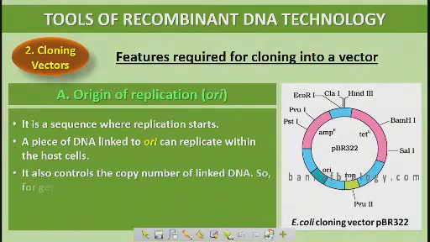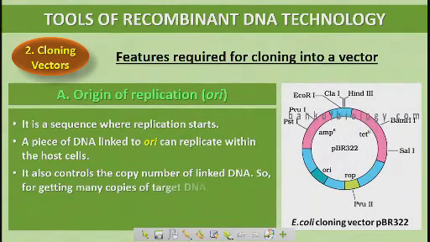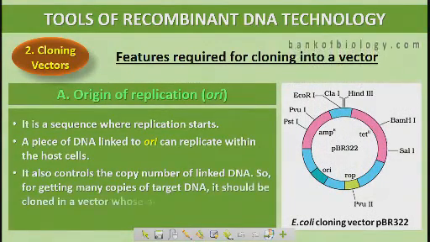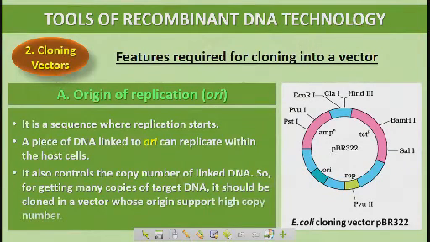It also controls the copy number of DNA. So for getting many copies of target DNA, it should be cloned in a vector whose origin supports high copy number.